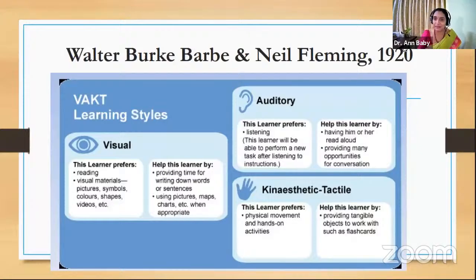So just type, what is your style of learning? Because teachers are lifelong learners, isn't it? Try typing whether it is visual, auditory, or tactile. Let's see each of your styles.